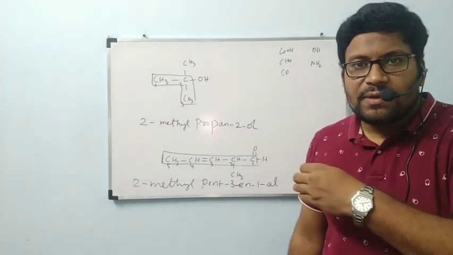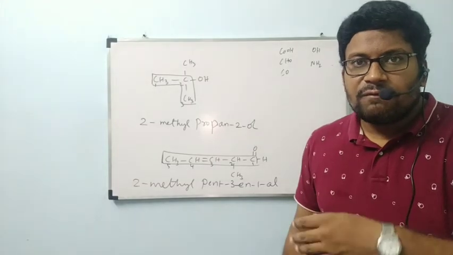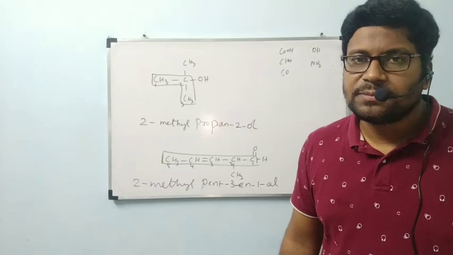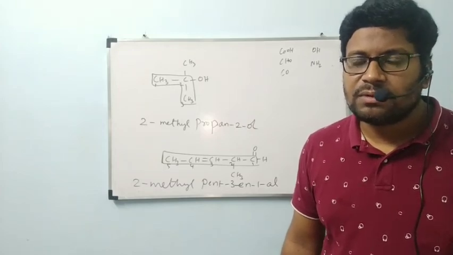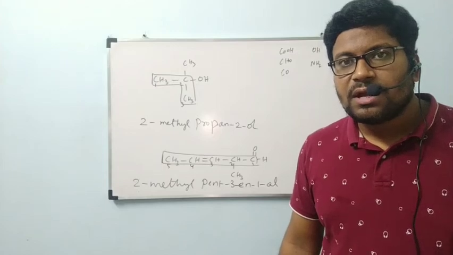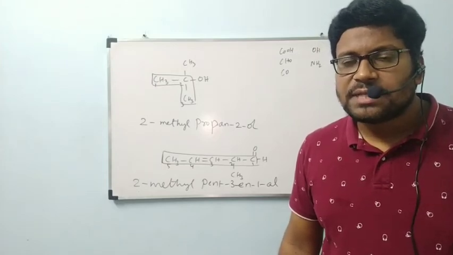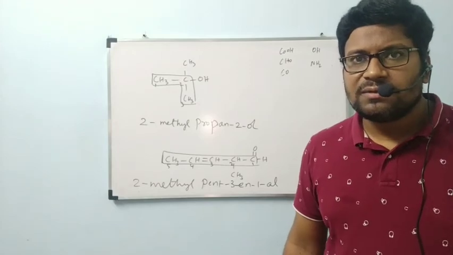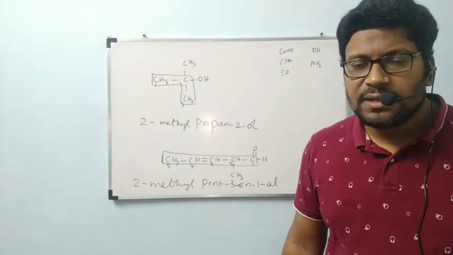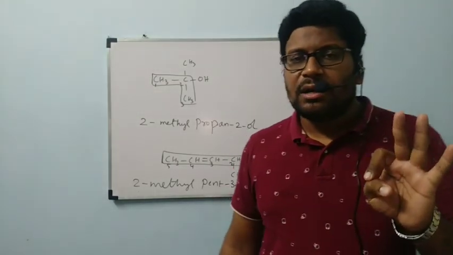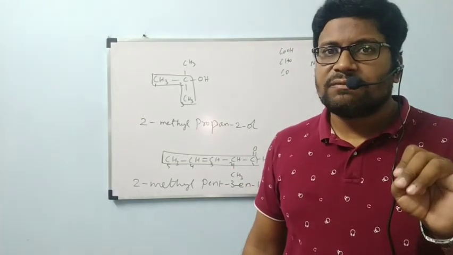In this way we have to give the name if the compound has a functional group along with a side chain or any substituent. In the next class we will go through some more examples. If you have functional groups along with side chains, substituents, double bonds or triple bonds, the order of preference will be least side chain, next substituent, next double or triple bonds, next functional group.